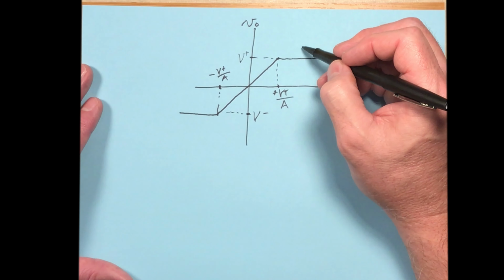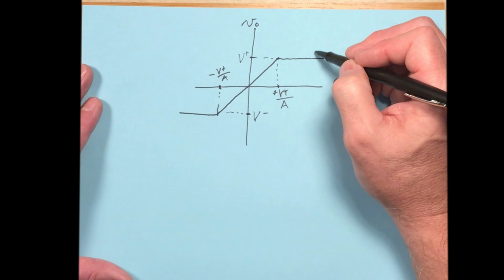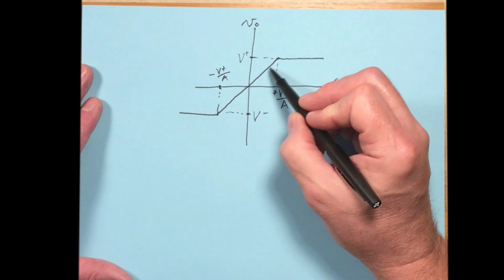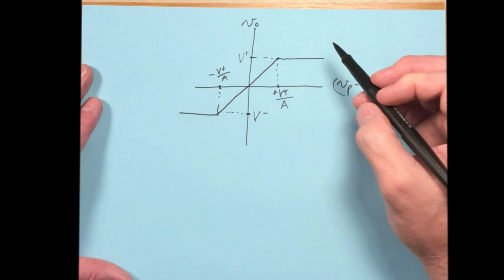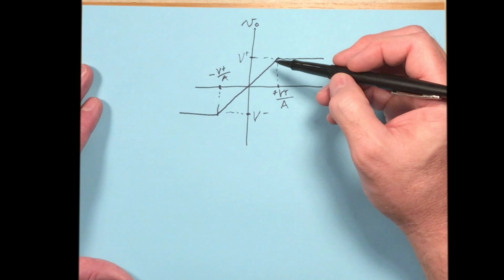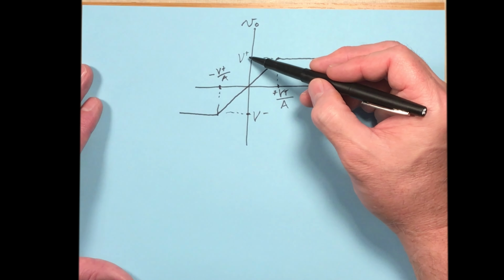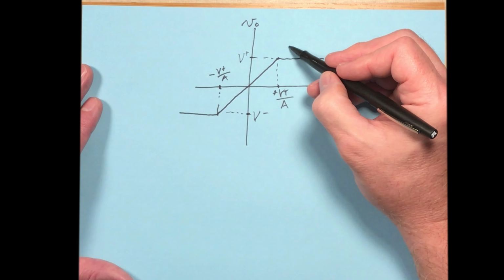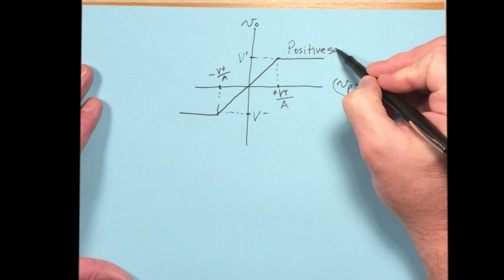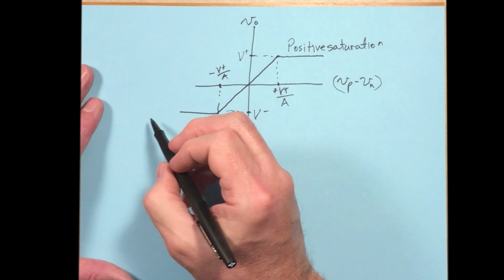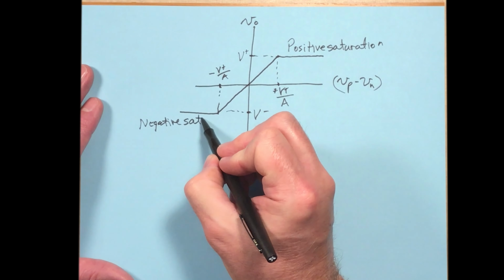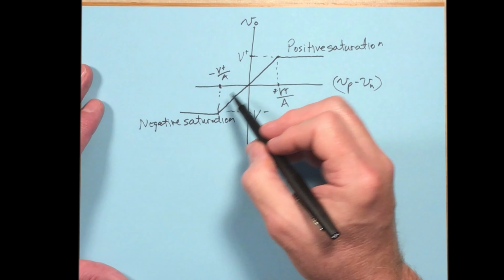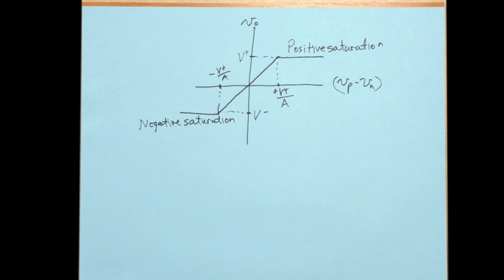So this represents a saturation that can occur. So it behaves linearly within this range, but if your output should be bigger than V plus, then it saturates. So this is positive saturation, and this down here is negative saturation. And of course, in the middle between those two, that's the linear portion.